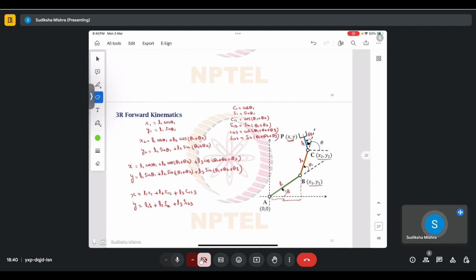Coming to the 3R forward kinematics, wherein there is L1, L2, and L3, and basically P(x, y) becomes your final result.